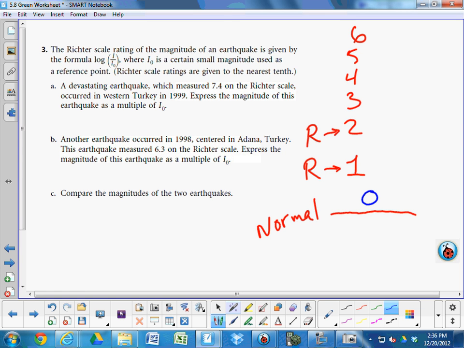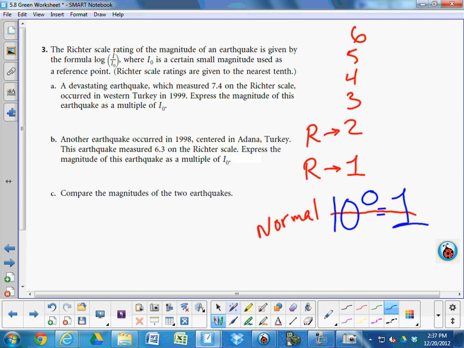So normal will be assigned not 0. How about, what if we called it 10 to the 0? Instead of 0, could we call it 10 to the 0? The Earth is not shaking. We'll assign it a value of 10 to the 0, which is what? 1. Okay?